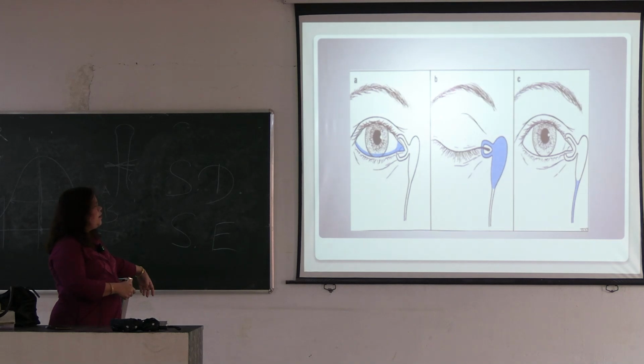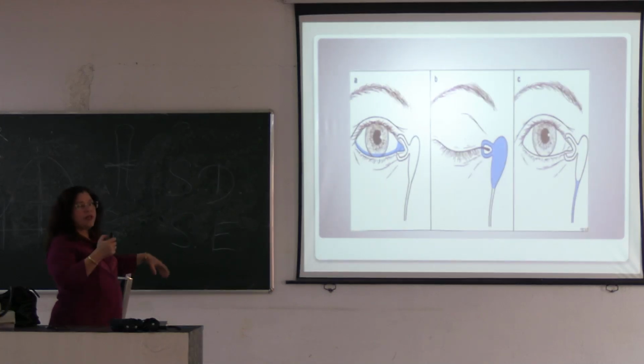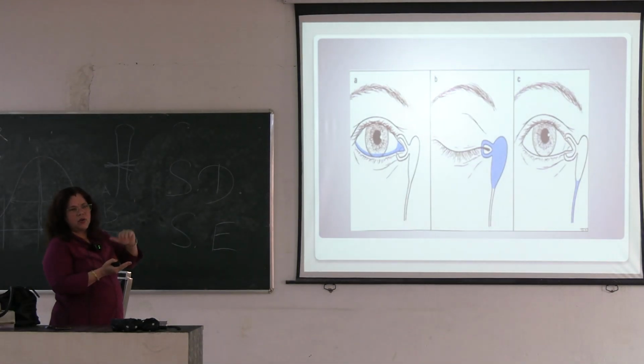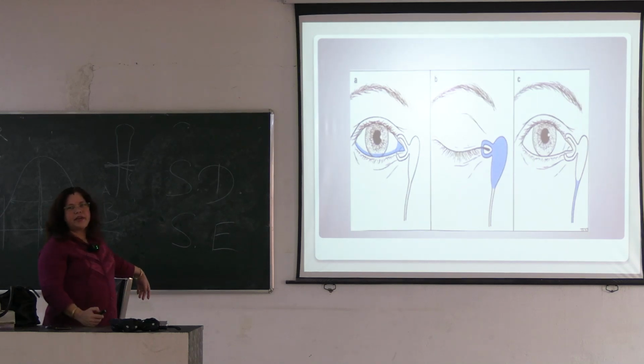When we close the eye, the tears from the conjunctival sac come to the puncta, which are open, and through the puncta they come to the lacrimal sac. And when we open the eyes, positive pressure is created over the lacrimal sac and tears are drained from the lacrimal sac to the nasolacrimal duct and inferior meatus.